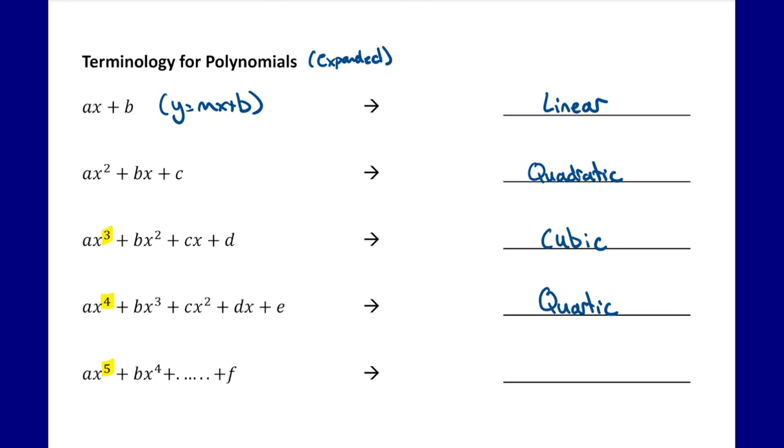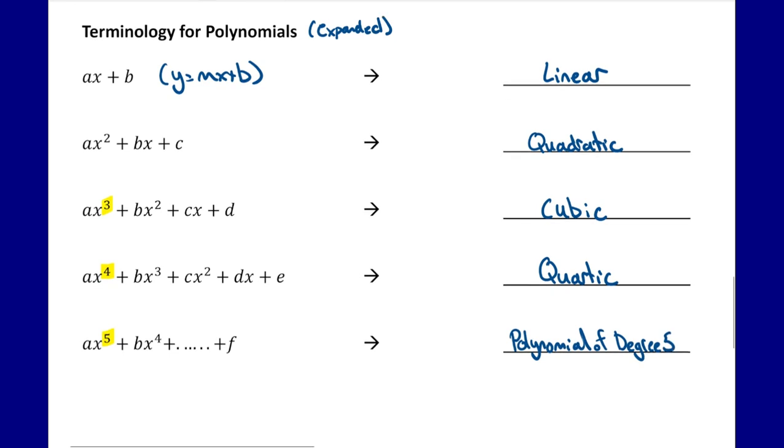There are specific terms for these different polynomials, but when we get above 4, we would say it's a polynomial of degree 5. The reason we say degree 5 is because in the expanded form, it is the highest exponent that we see.